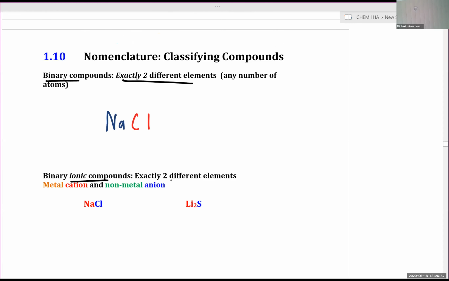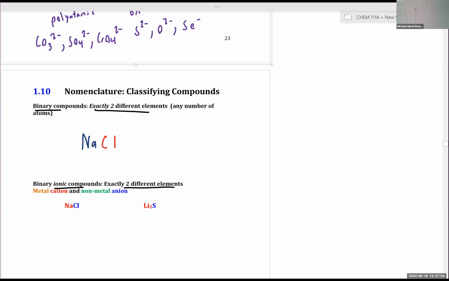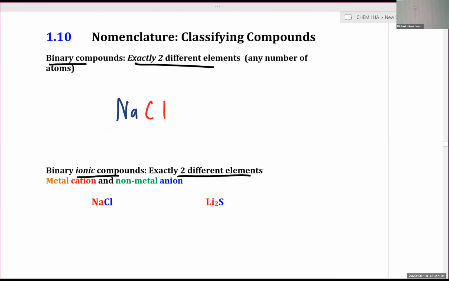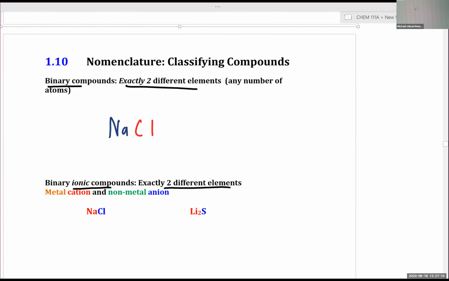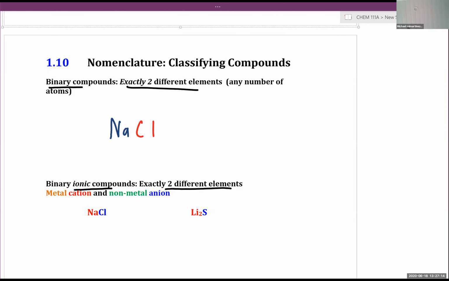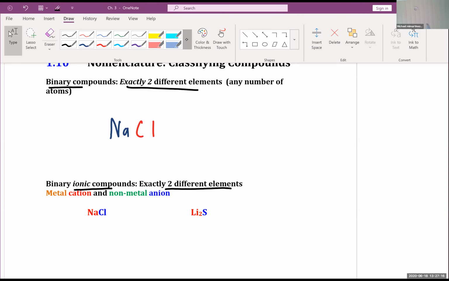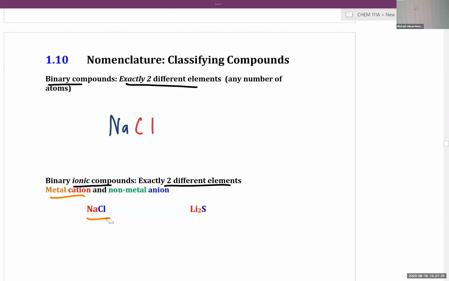Binary ionic compounds have 2 different elements, and we have a metal cation and a non-metal anion.